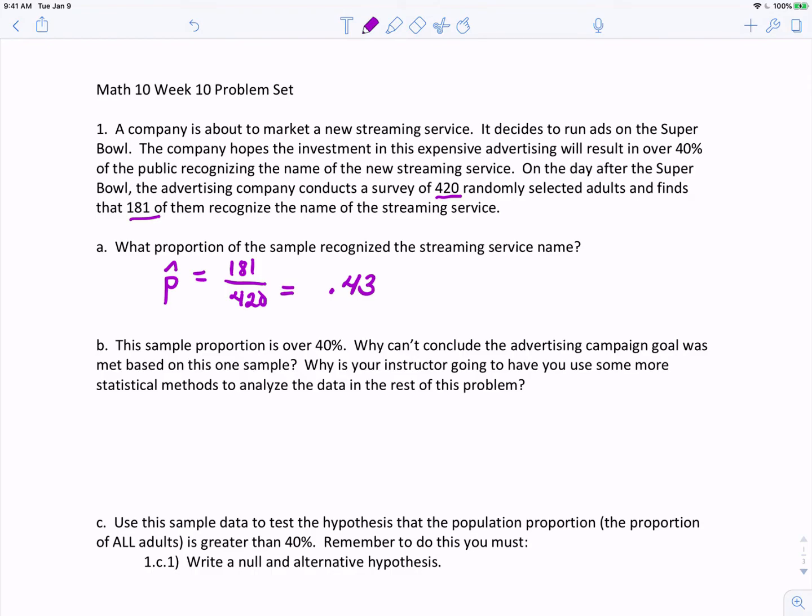Why can't we conclude the advertising campaign goal was met based on this one sample? Your instructor is going to have you use some more statistical methods to analyze the data in the rest of the problem. What we want to find out is whether we can make this conclusion about all adults. So this is based on a sample, but what we want is a conclusion about a population.